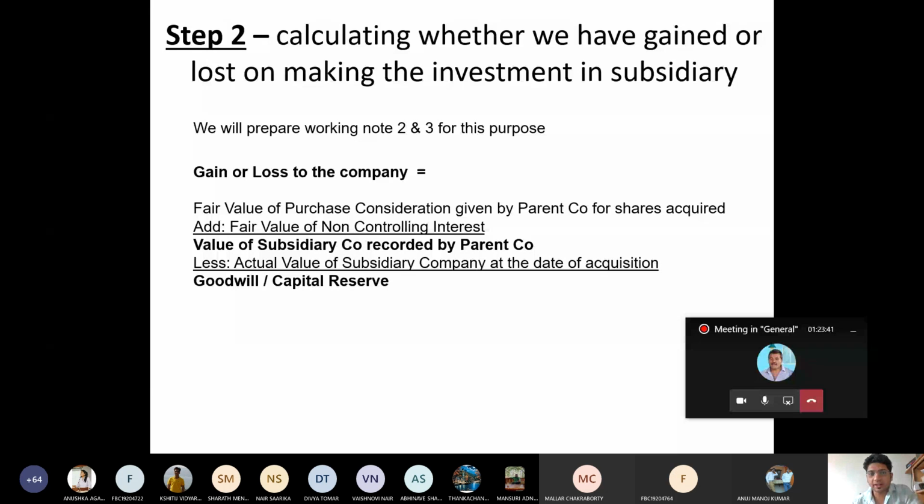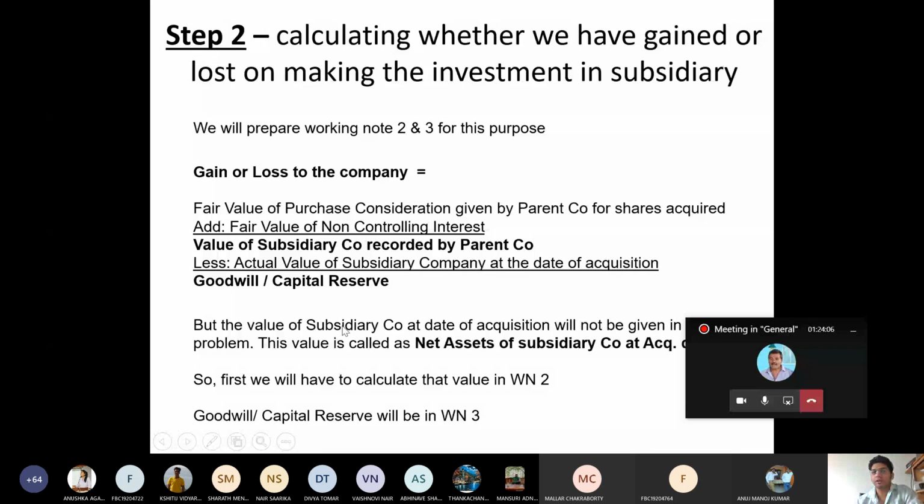उसमें से less क्या करेंगे? Actual value. So instead of actual value, now I'll call it the net assets of subsidiary on the date of acquisition. Okay, so instead of actual value, we will call it net value. That will give me goodwill or capital reserve. But the value of subsidiary company at date of acquisition will not be given in the problem.